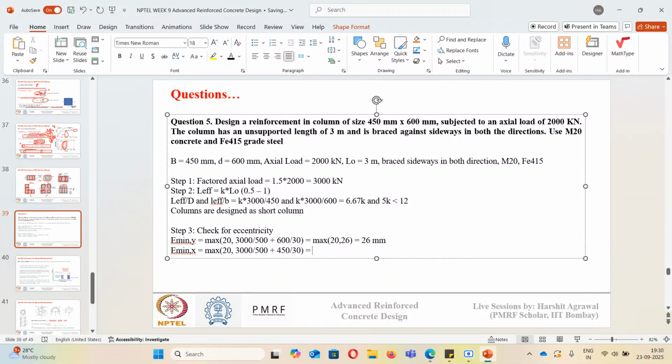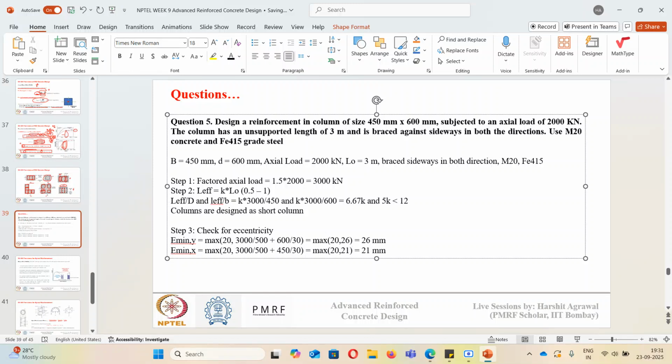So it is maximum of 20 comma 21. Okay, just let me check this calculation. Okay, yes, 21. So it is 21 mm.